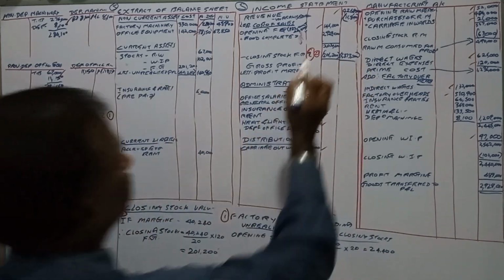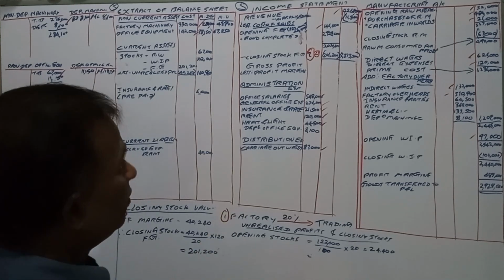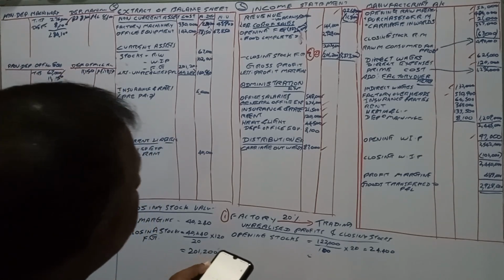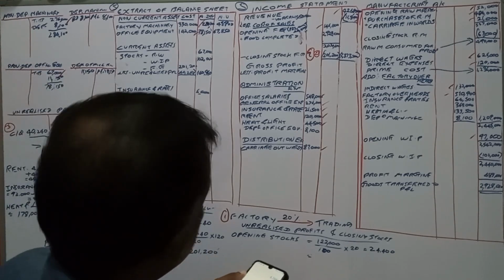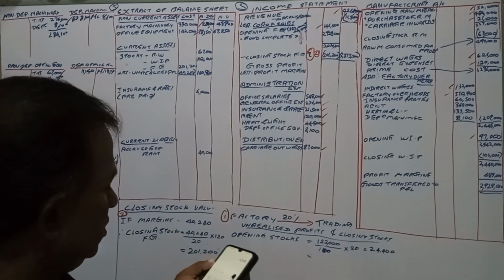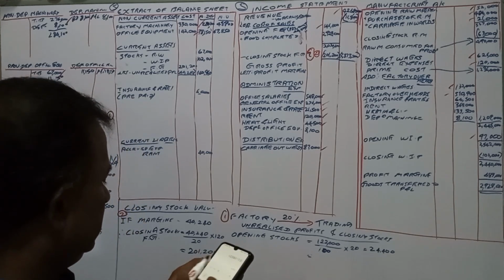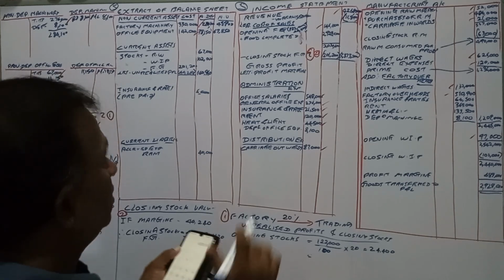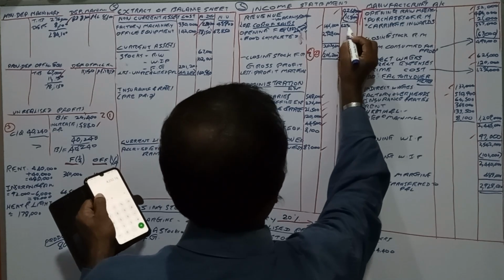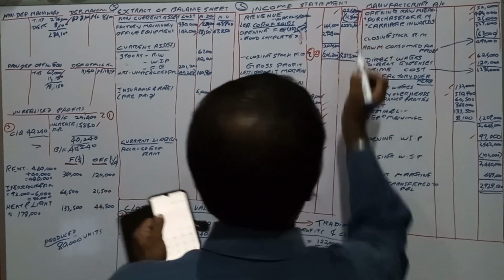Then here, just keep that one: 4,268,000 minus 15,840, which is 4,252,160.